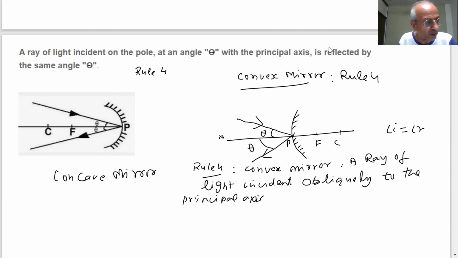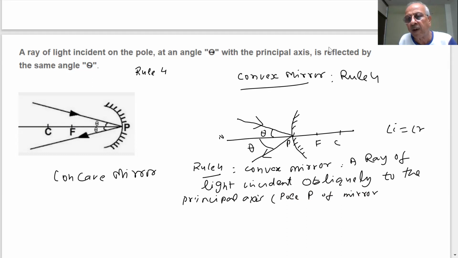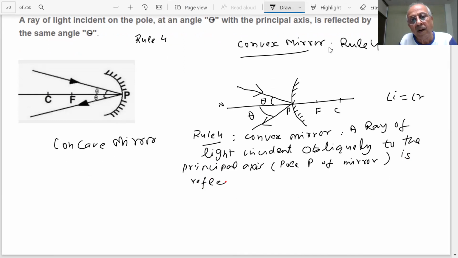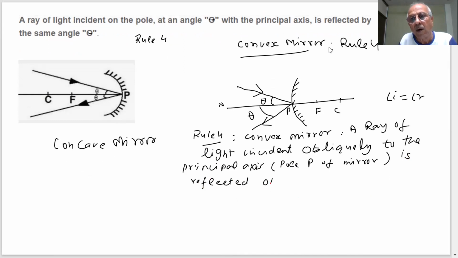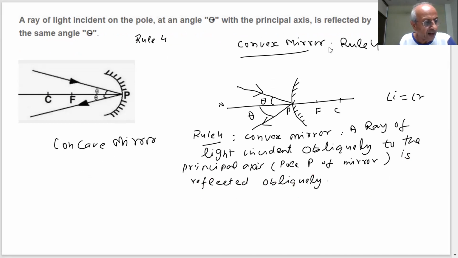A ray of light is incident on the pole, what we call as pole P of the mirror. That is what we mean by obliquely. What will happen? Then it is reflected obliquely, student. What it means, student? The incident and the reflected rays follow the laws of reflection.